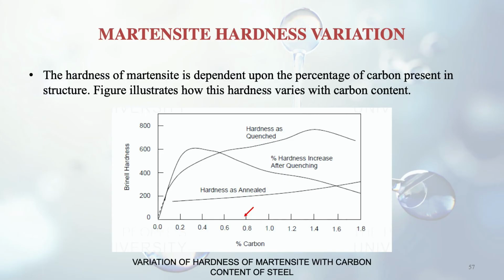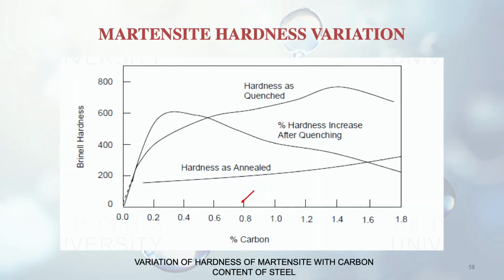Hardness of martensite is dependent upon the percentage of carbon present in the structure. Like we have discussed earlier, carbon percentage determines our hardness. So here also is the case, and this figure is illustrating that. The red line marks 0.8% carbon, and there are variations leftward and rightward.